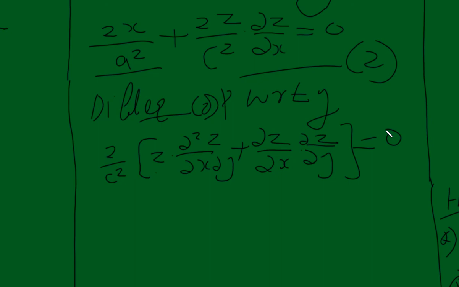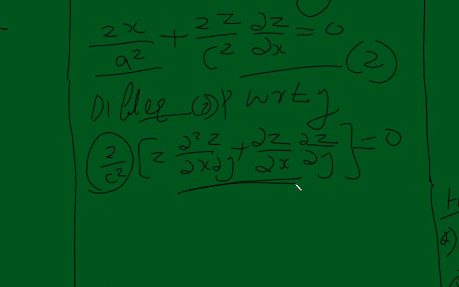Then we equate this to 0, so we can write this equation. This is the partial differential equation equated to 0.